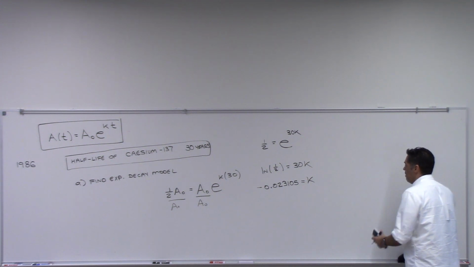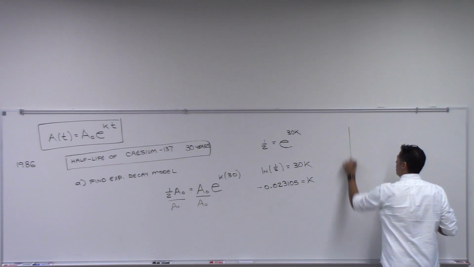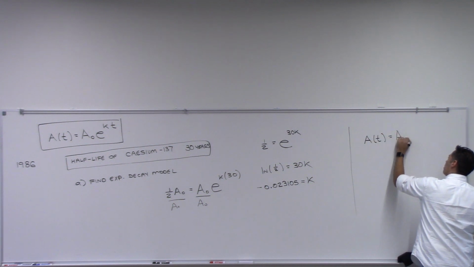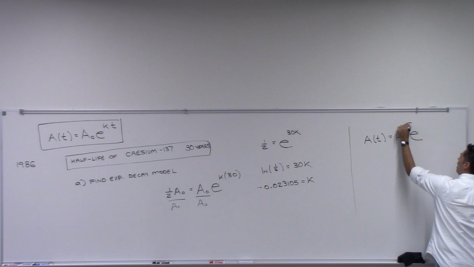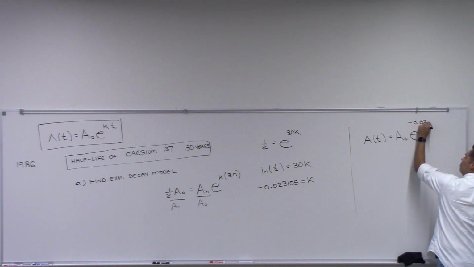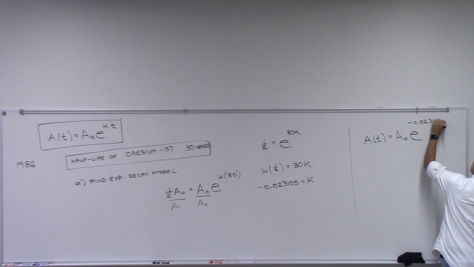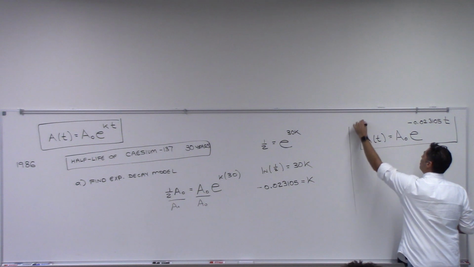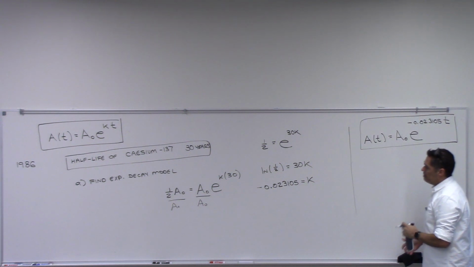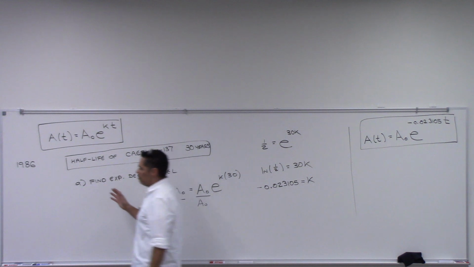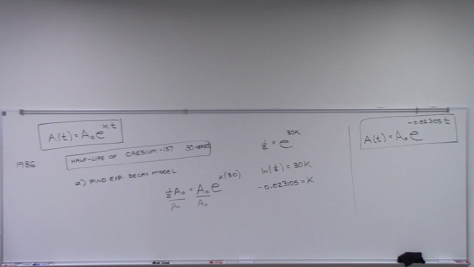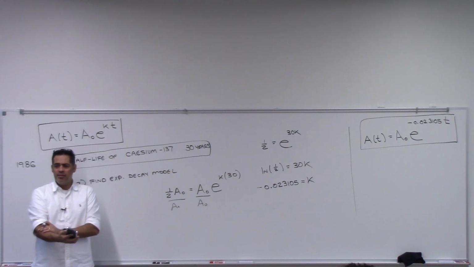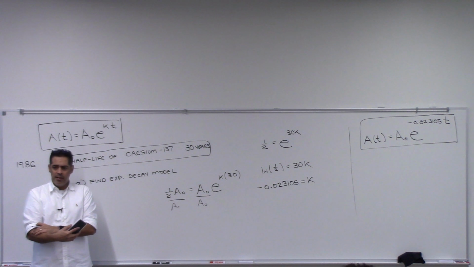I still don't know the initial amount. Well, I'm going to act like I don't. I know right now that the amount at a certain time will be the original amount, e to the negative 0.023105t. That's kind of like my master function. However, from some research I did years ago, and I could be wrong here, I remember reading that there's only about 10 pounds of really bad stuff in that core.